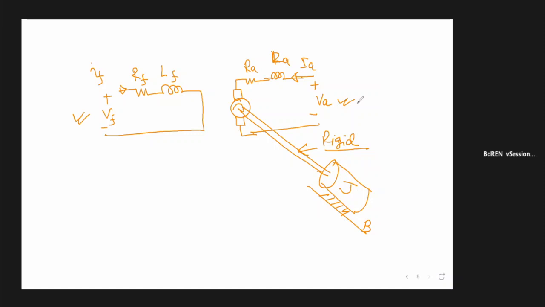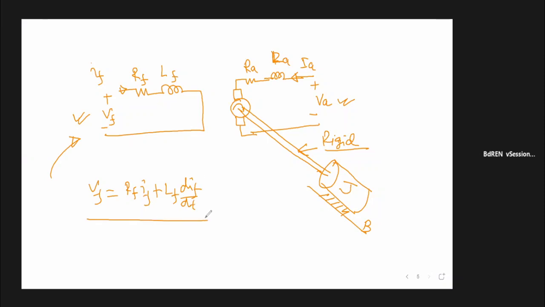So in this case, if you want to model it, then you have to fix one thing, then try to model. Okay, for simplicity, let us write the equation, then we will apply which control strategy we are doing. For example, in the field circuit, if we write Kirchhoff's voltage law, then VF is equal to RF IF plus LF dIF by dt.